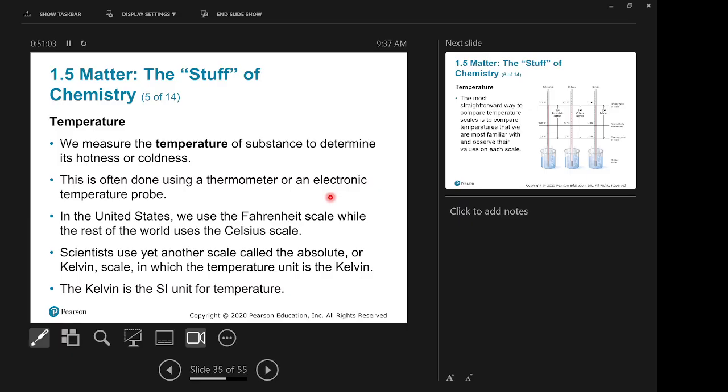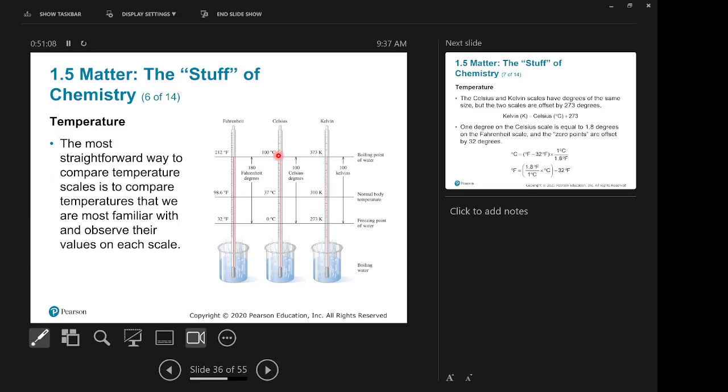Temperature again. Here we have the different units compared to each other. What you'll notice is this is Fahrenheit. There's a 180 degrees Fahrenheit difference between the freezing and boiling points of water. Water freezes at 32 degrees. It boils at 212 degrees Fahrenheit.